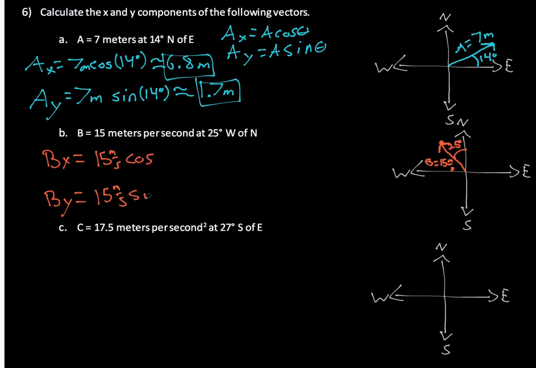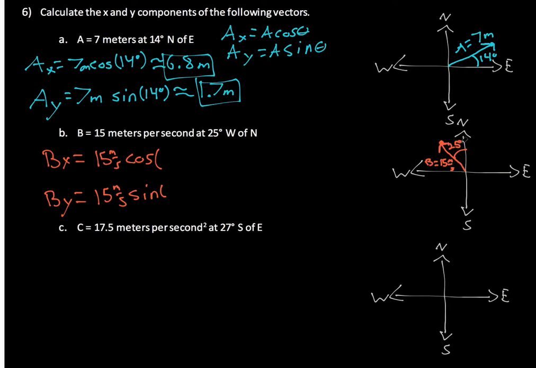For the y component, we're going to do sine. And we're going to plug in our angle. Now, the angle here is a little bit trickier to think about. I can't just plug in, well I can, and you'll see that you get the same answer, but let's think about what we might want to plug in more intuitively. We might want to plug in the angle between the horizontal x-axis and the vector.